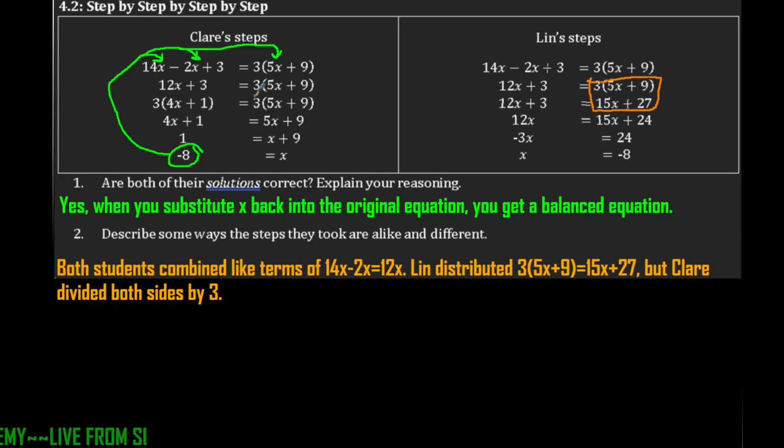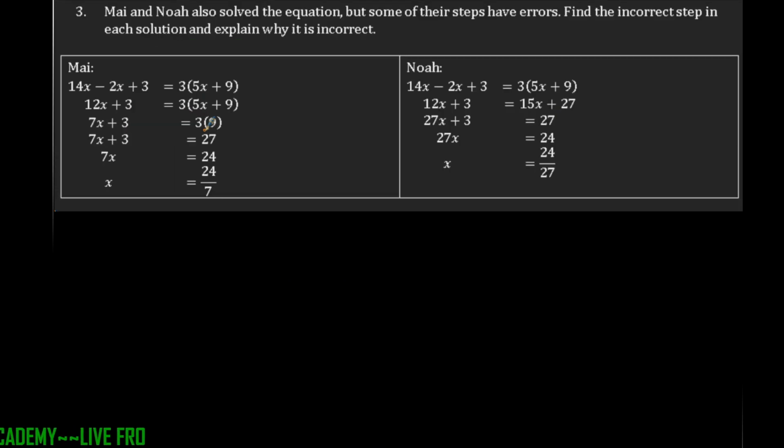However, what Claire did in this step was divide both sides by 3, so that way it just canceled out on each side. So those are some similarities and differences. Then underneath it says Mai and Noah also solved the equation, but some of their steps have errors.